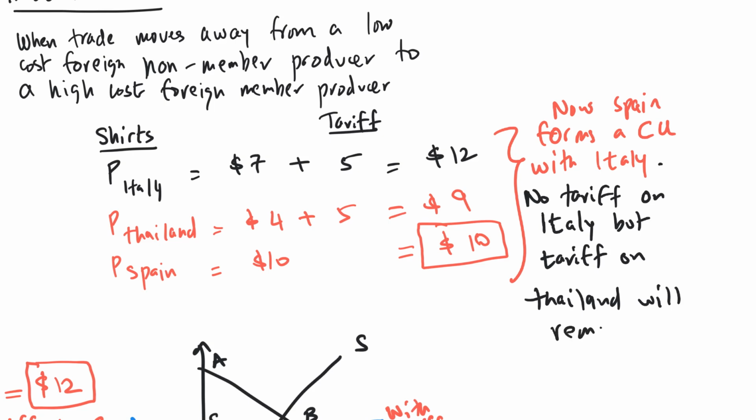So you keep on putting a tariff on Thailand. What happens is basically you remove this. Let me use another color. You remove this, the price will now be 7. Isn't that true? But now who will you buy from?